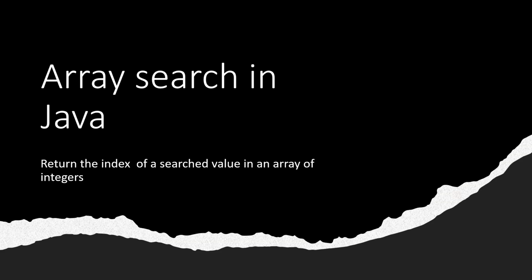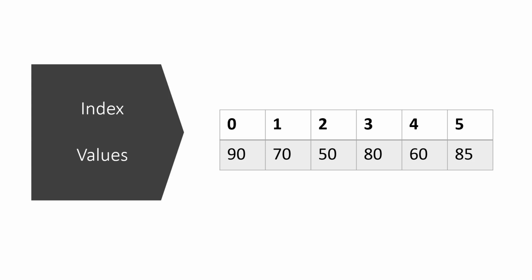So basically, once we have created an array like this example, we have an array of 6 elements from index 0 to index 5. The first element is 90, the second element is 70, the index 2, which is the third element, is 50, etc. And then if we want to know if we have an 80 in the array, the algorithm should return the index of the 80, which is index 3.